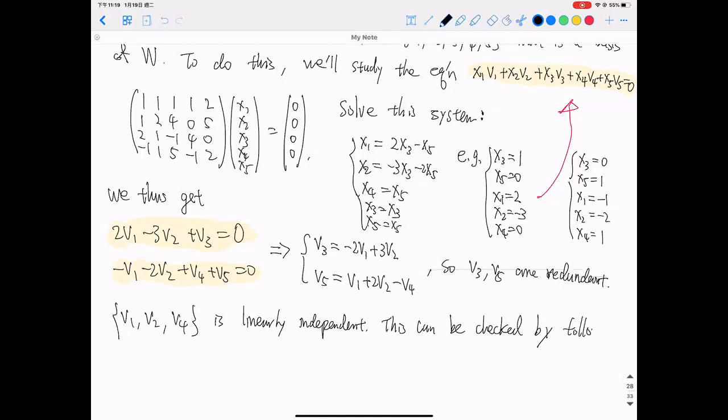The definition of being linearly independent leads you to consider a homogeneous system, which you'll solve and find that there's only one solution, the trivial one. We therefore have a basis like these.